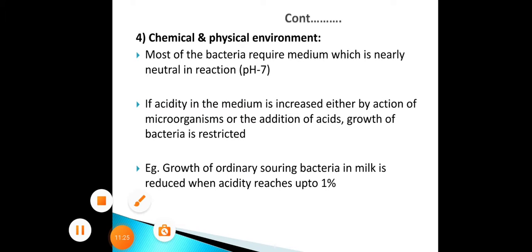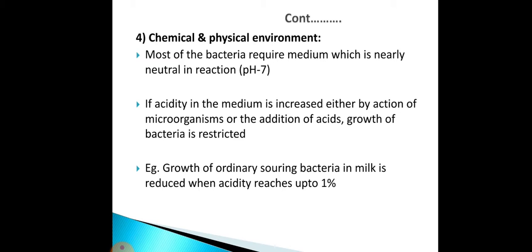Then we will discuss the chemical and physical environment. Most bacteria require a medium which is nearly neutral in reaction, meaning pH 7. If acidity in the medium is increased, either by action of microorganisms or the addition of acids, growth of bacteria is restricted.